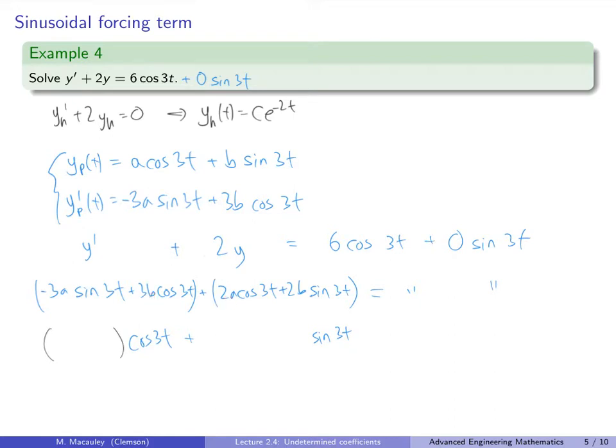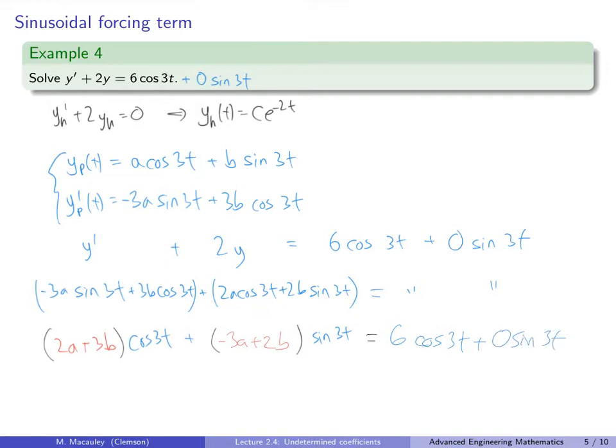So I'm going to write that as 2a plus 3b. Now how many sines do we have? We have negative 3a and 2b. So I'm going to write that as negative 3a plus 2b. And we have to set this equal to 6 cosine of 3t plus 0 sine of 3t.